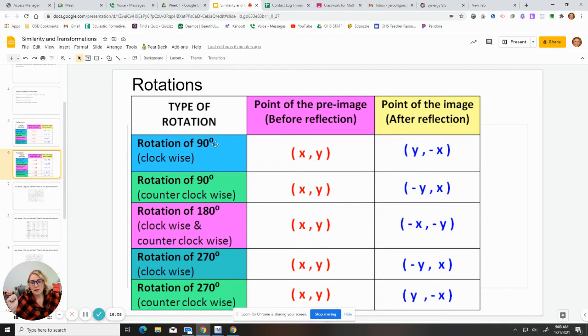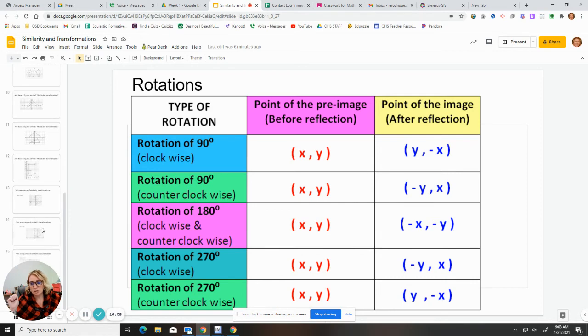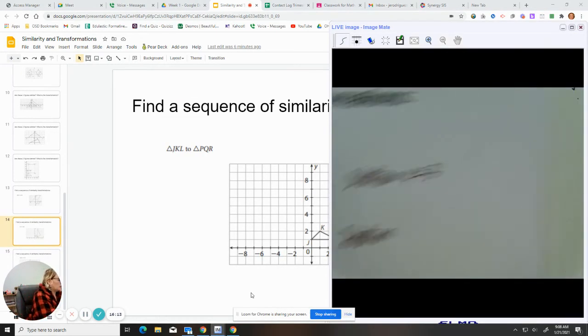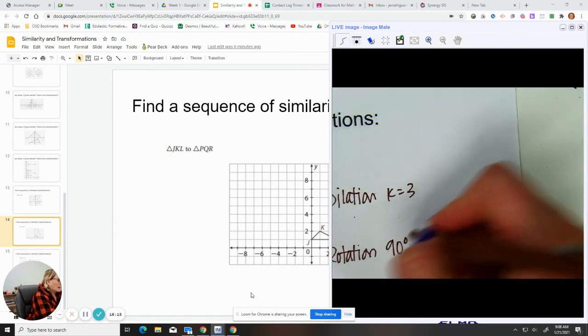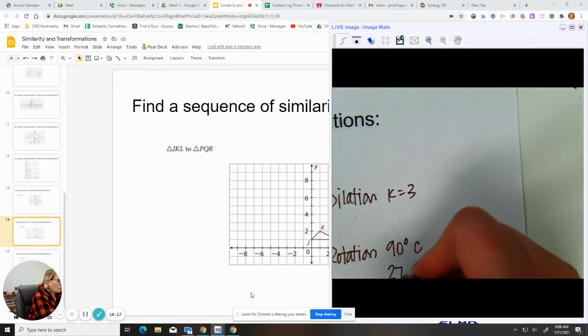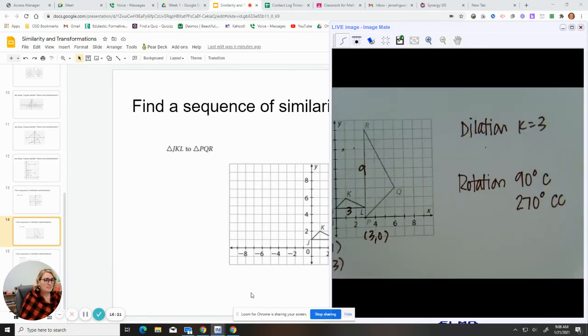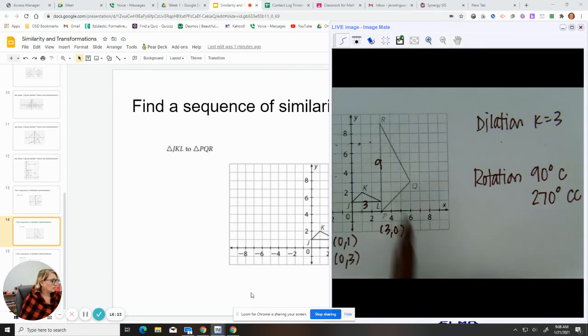It is 90 degrees clockwise or 270 degrees counterclockwise. So you could say that it's either of those, and both of those would be correct. And that is the transformation that takes our small triangle to our big triangle.